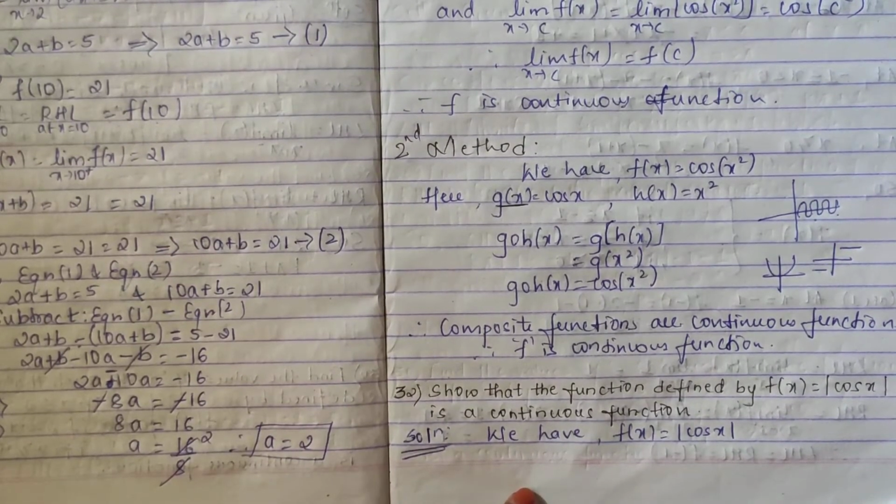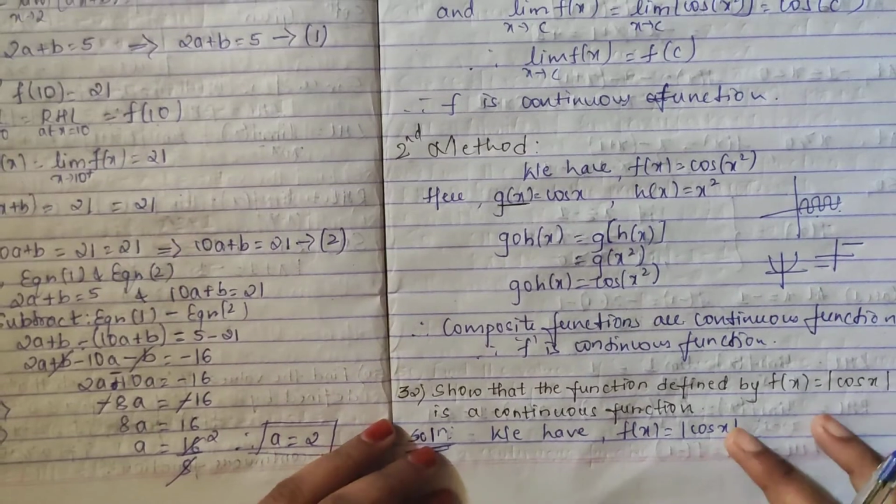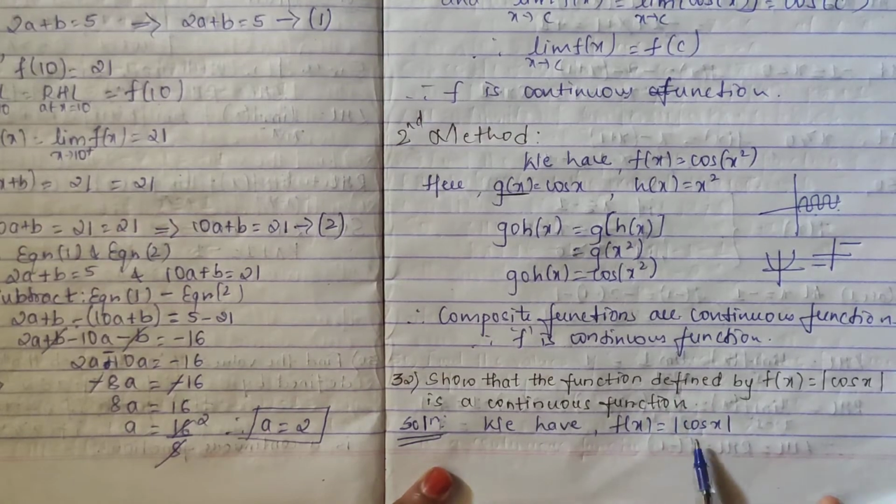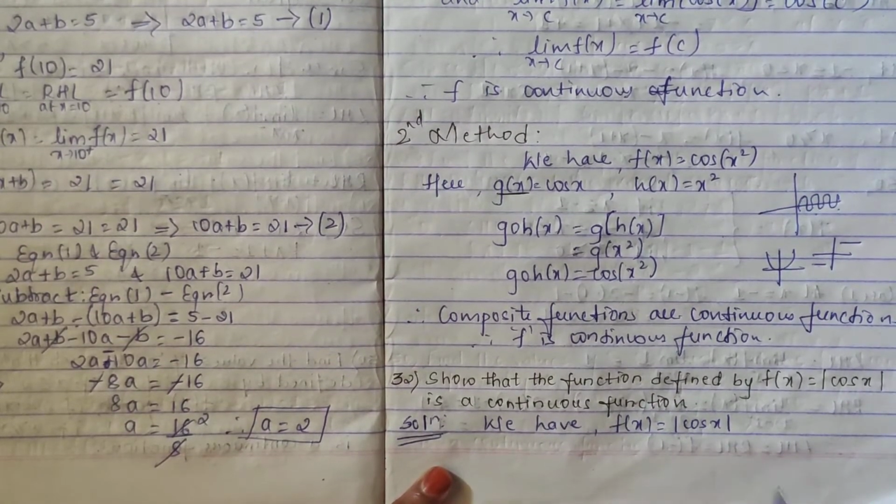So as our second method we are considering a composite function. First you have a cos, a trigonometric function, and a polynomial with mod.